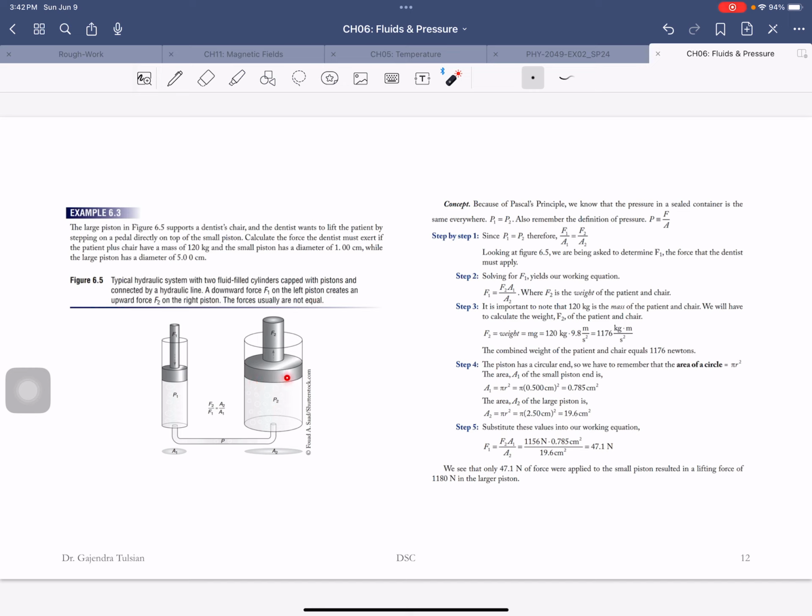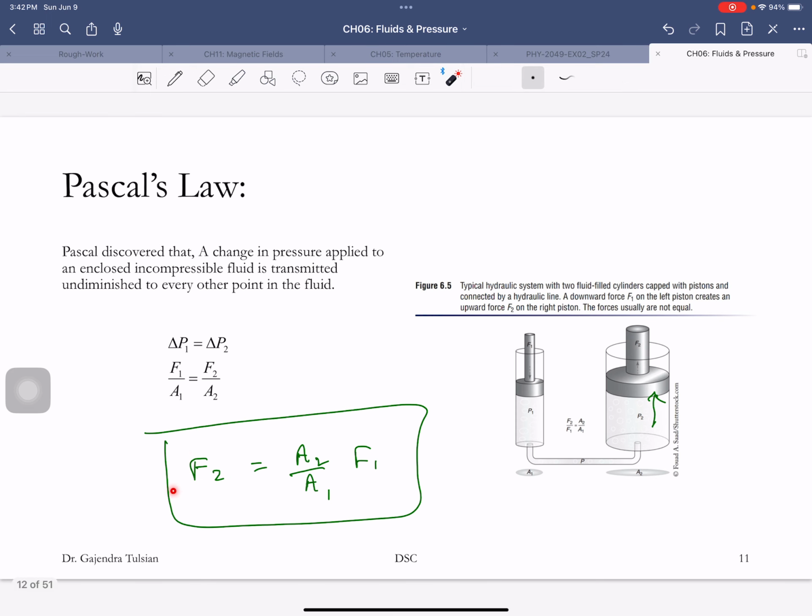The area A2, since the area of a circle is pi r squared, and the radius is 5 times greater, is 25 times greater. So A2 over A1 is 25. Like we said, F2 will be 25 times greater than F1.